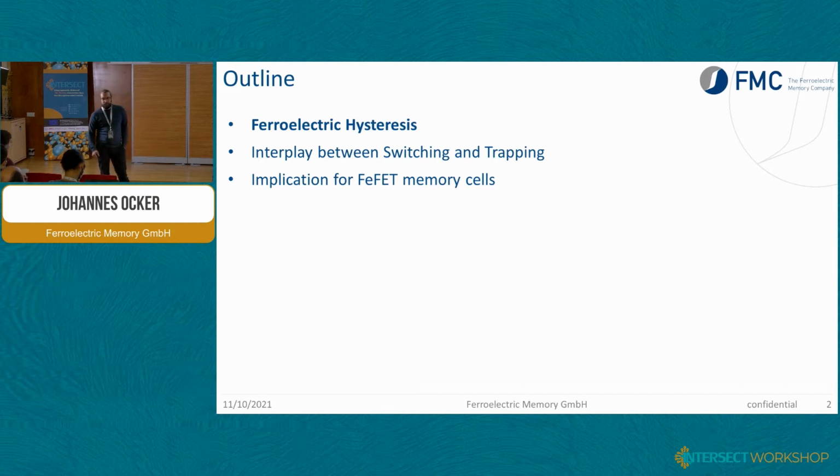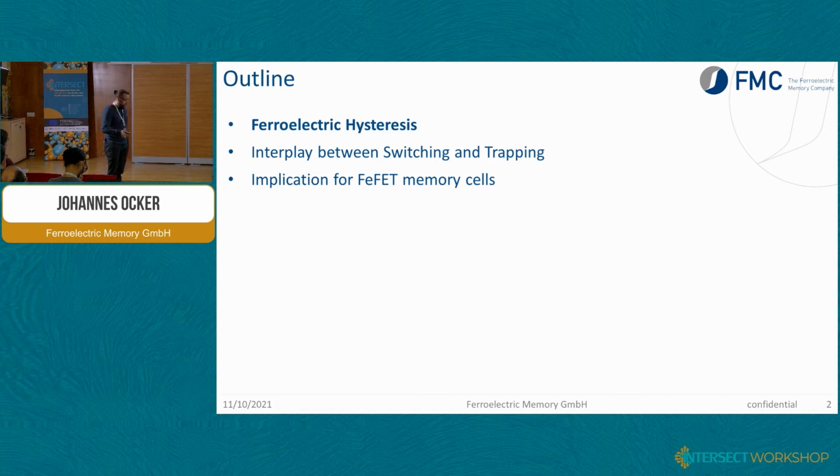And at the end, I will talk a little bit about what that means for an actual ferroelectric memory cell that you want to commercialize, because these trapping effects are parasitic, so you don't want them. If you cannot tackle them by process or by designing them out, you have to tackle them in some other ways. For example, I give this example with how we deal with them in terms of algorithms.